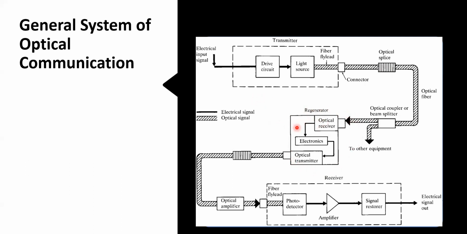Regenerating in the sense it is going to take the optical signal and convert that optical signal into the electrical signal, and then from the electrical signal, it will remove the noise and amplify the original signal. So when it is receiving, it will decode and demodulate the electrical signal from here.